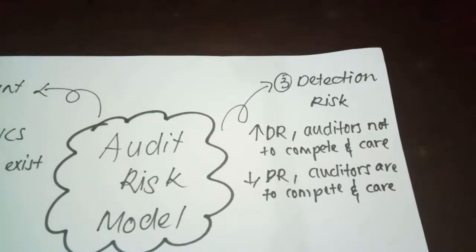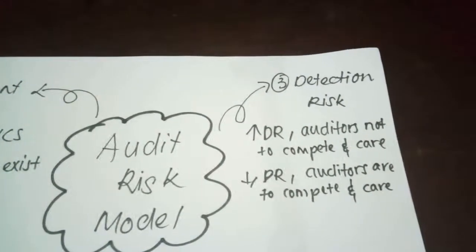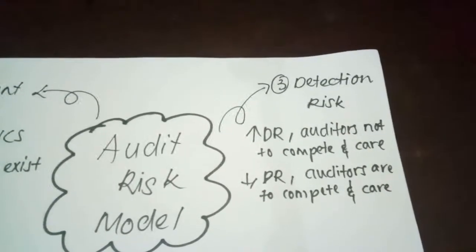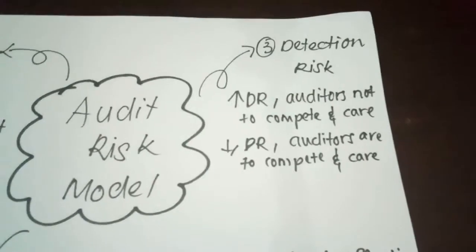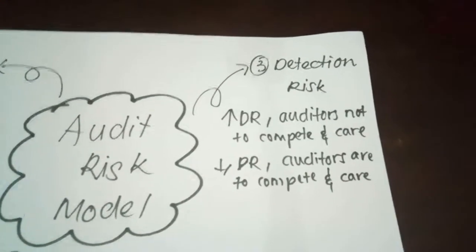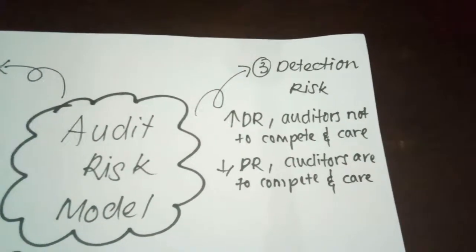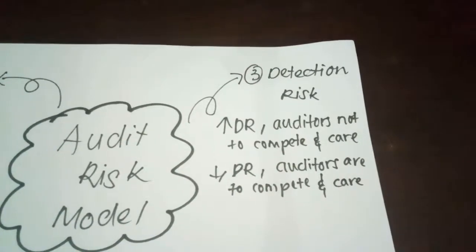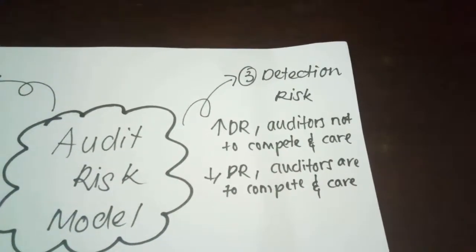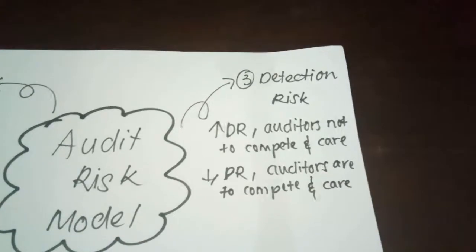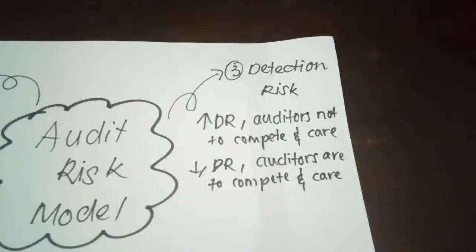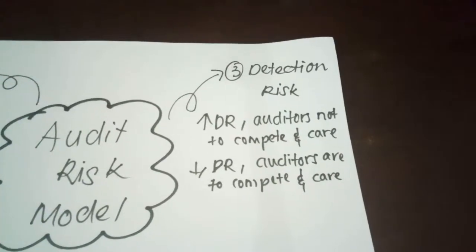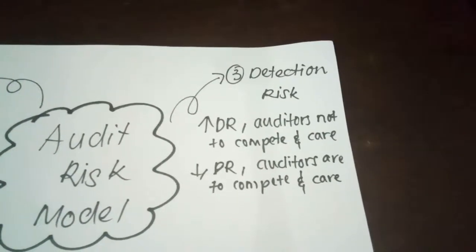Should the test be done at the SOFP date or performed near the SOFP date in the company? As for the percentage of detection risk, if the detection risk is higher, the auditor does not need to be competent or care. If auditors are competent and care, the percentage of detection risk will be lower.